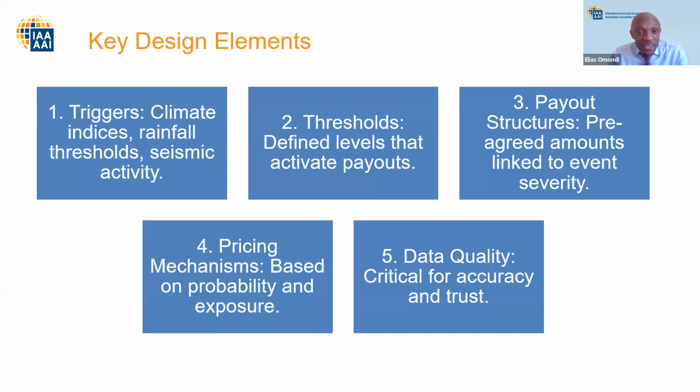We have those that deal with natural disasters such as earthquakes. There are others that deal with heat, others that deal with rainfall, others that deal with temperature. So there are different indices, and these will be based on how we measure what will ensure that customers are paid.